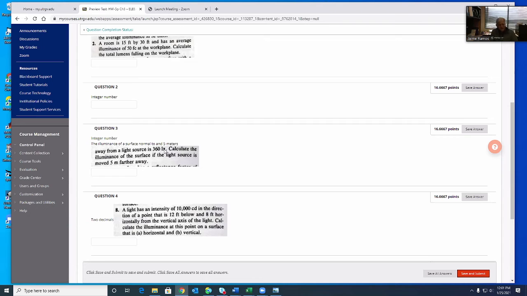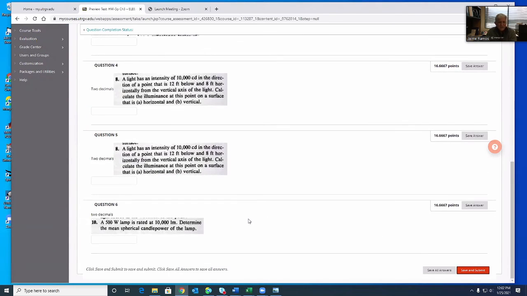Okay, so therefore the object moves away 4 times, a decrease in intensity of 4 times. That's 10 to 5 squared. Okay, so the argument goes like that.